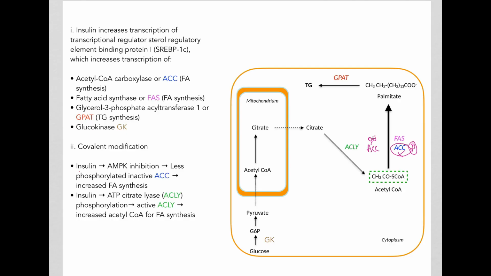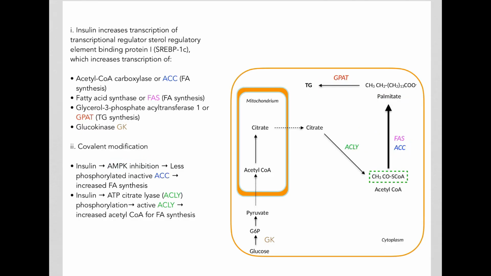So insulin will inhibit this enzyme AMPK, and AMPK therefore will not phosphorylate the ACC. So most of this ACC will be present in the non-phosphorylated active form, and since this is the active form, fatty acid synthesis will increase, and that will eventually lead to increased triglyceride synthesis.